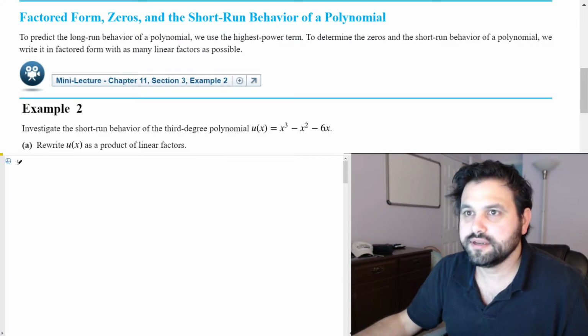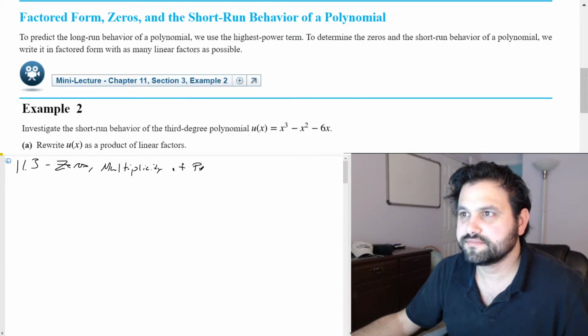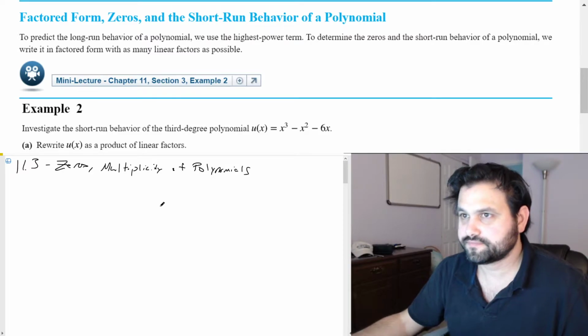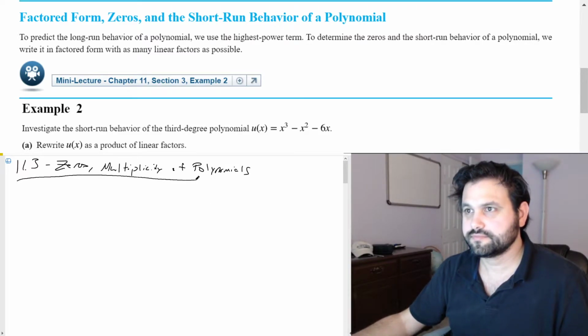We are now in 11.3 and we're talking about zeros, and we're talking about multiplicity of polynomial functions. Of polynomials. Okay.